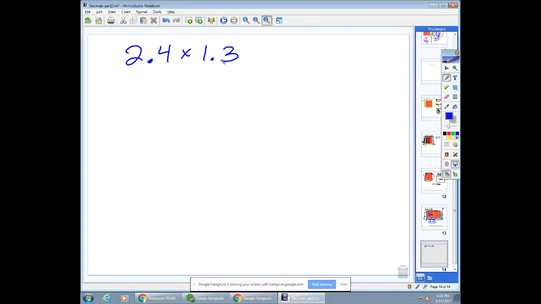So we're going to modify it a little bit. 2 and 4 tenths times 1 and 3 tenths. And again, you got to focus hard not to use the slang 2.4 times 1.3. Call them properly. So I want you to either use the toys or draw it or both, your call.